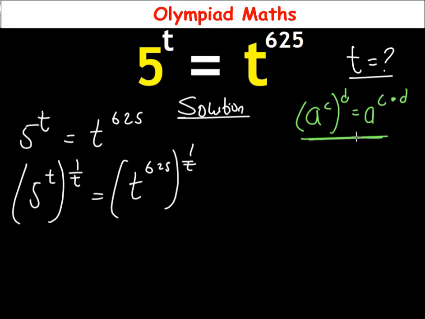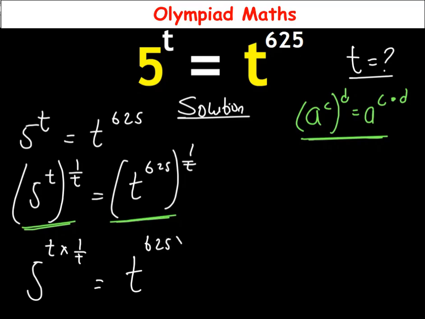So applying this rule here, the answer will be 5 raised to power t times 1 over t, which equals t raised to power 625 times 1 over t, such that from here we have 5 to the power t over t, where t divided by t gives 1, which equals t raised to the power 625 over t.